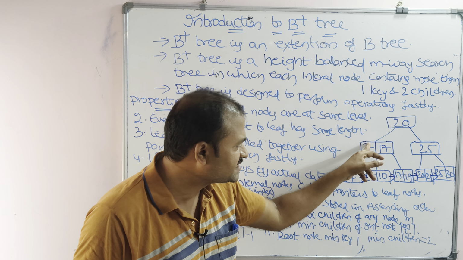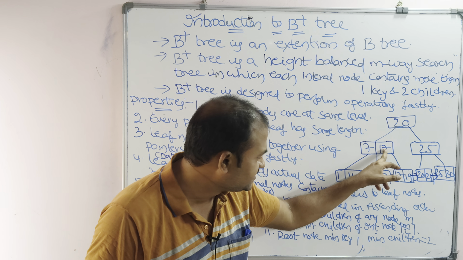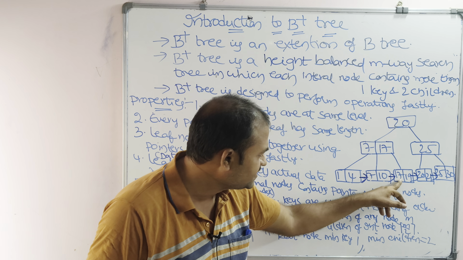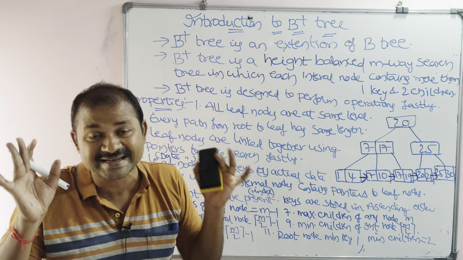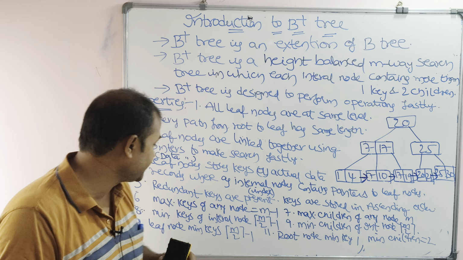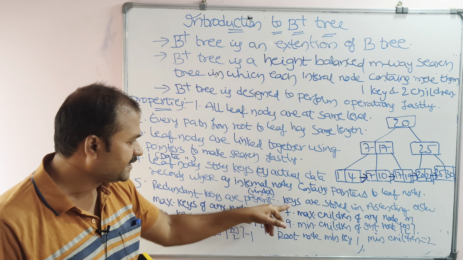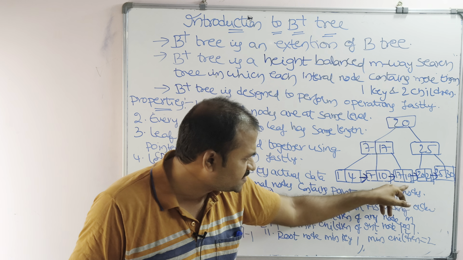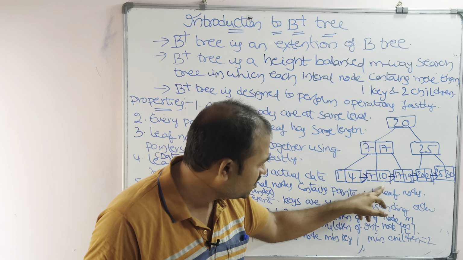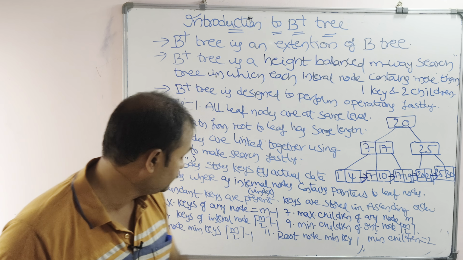This 7 is a key, this 7 is a pointer. Whereas this 17, 17: this 17 is a key, whereas this 17 is a pointer to this key. So redundant keys are present here. Keys are stored in ascending order. If you observe here, keys are always stored in ascending order.